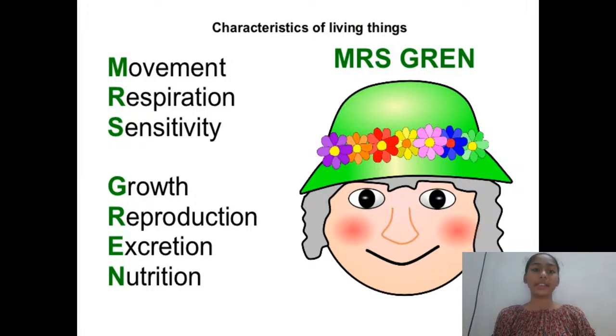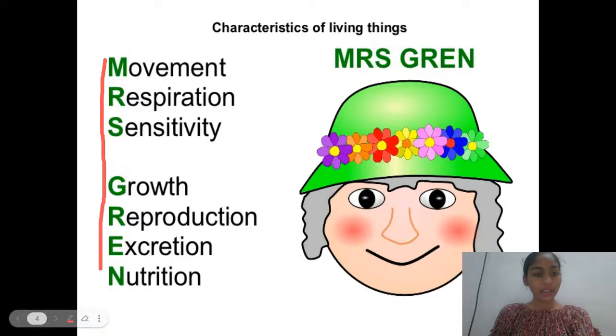Characteristics of living things. Before getting into the lesson, you have to visit Mrs. Gren. Who is Mrs. Gren? Mrs. Gren is nothing but these full forms. These are the fundamental definitions of our life that we all have to remember. It is the easiest way to remember it as Mrs. Gren.